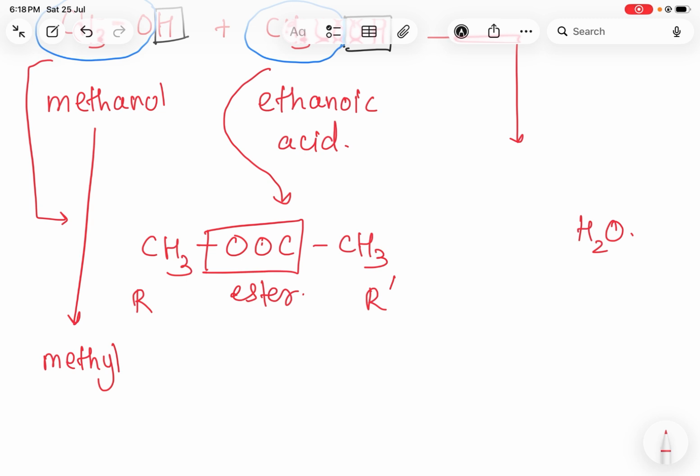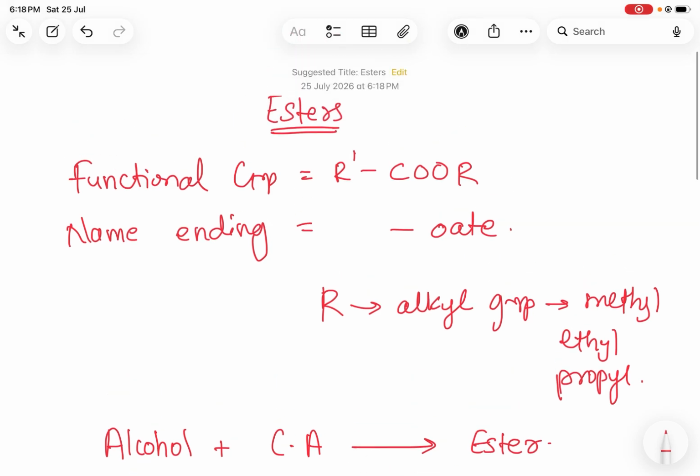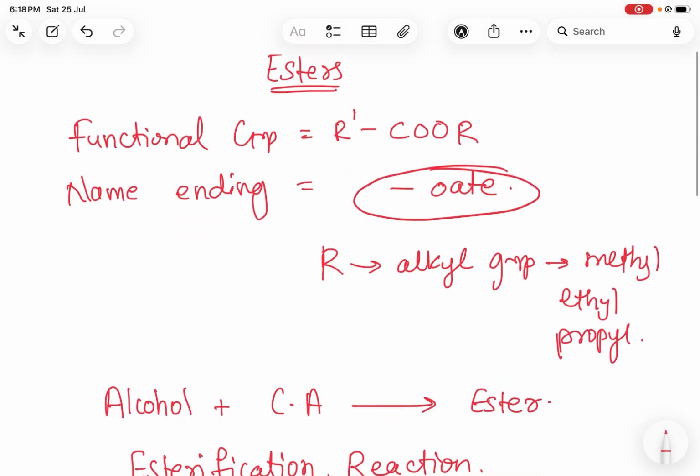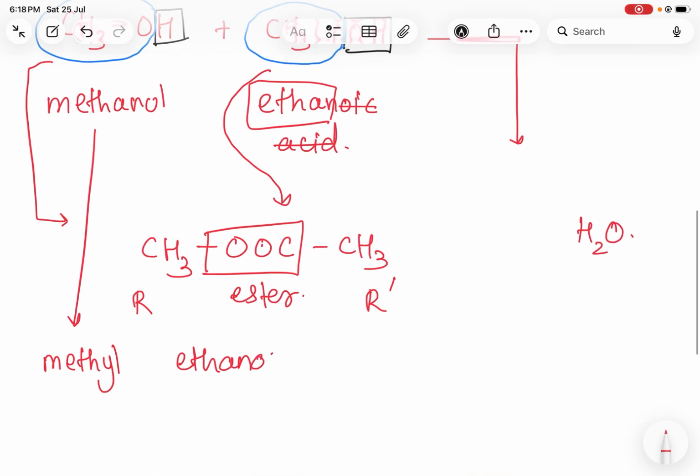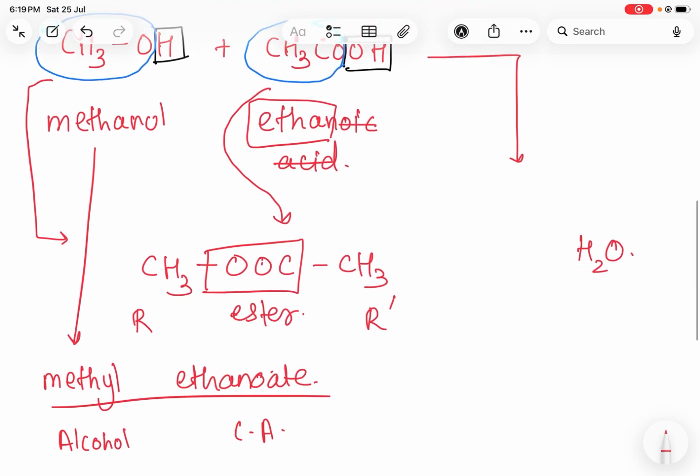From ethanoic acid you cut this and consider only ethan, and the name ending of esters is -oate. So the name is methyl ethanoate. This part is my alcohol and this part is my carboxylic acid. So this is how we get the structure of an ester.